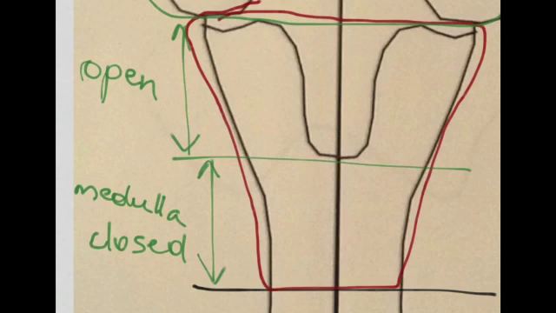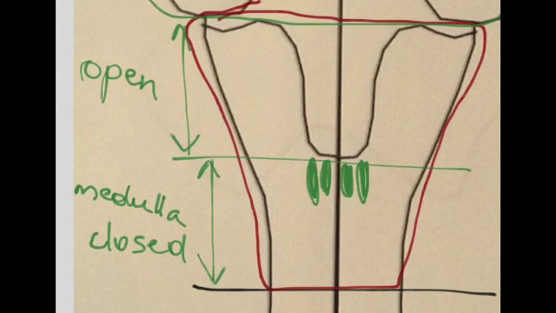So just at the rostral end of the closed medulla, we should see two pairs of bulges close to the midline. Here and here. These are caused by the underlying tracts and nuclei of the dorsal column.